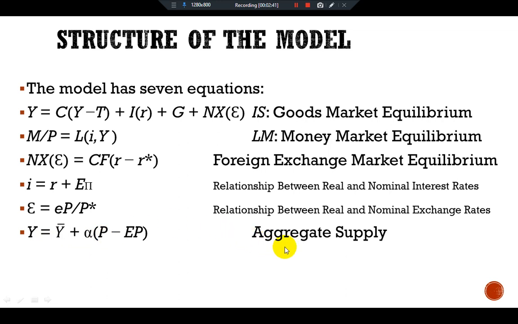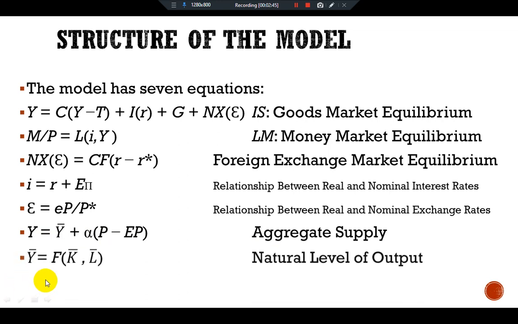This is our aggregate supply equation. Seventh, Ȳ = F(K̄, L̄). This is our natural level of output equation, we can call it our classical model equation.